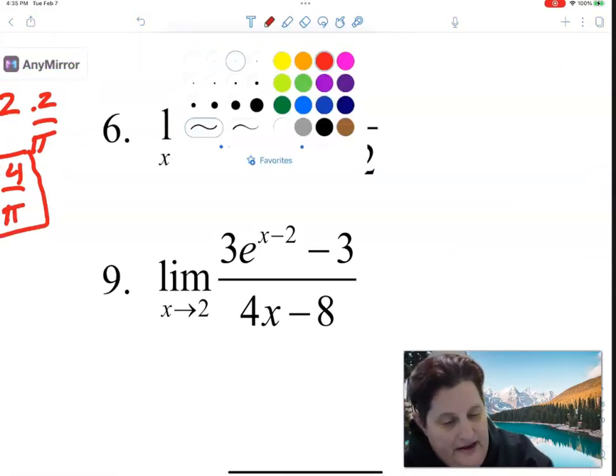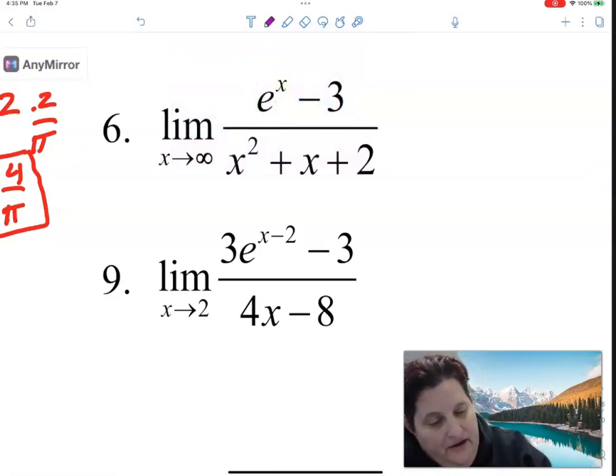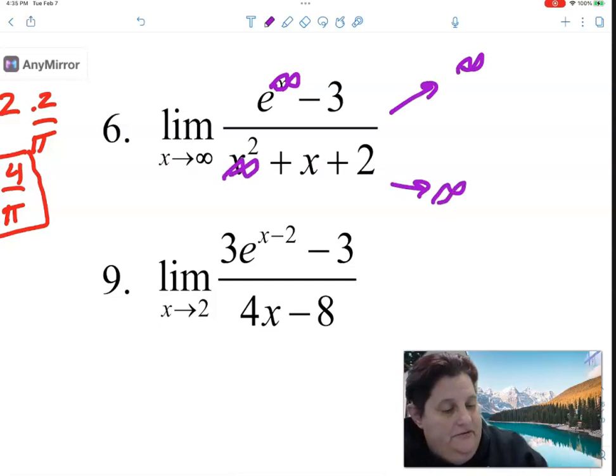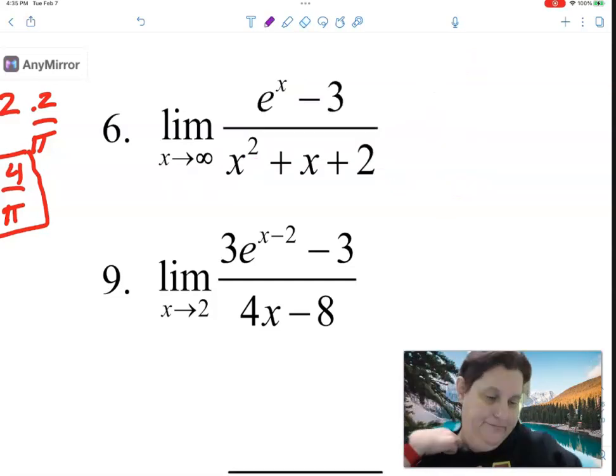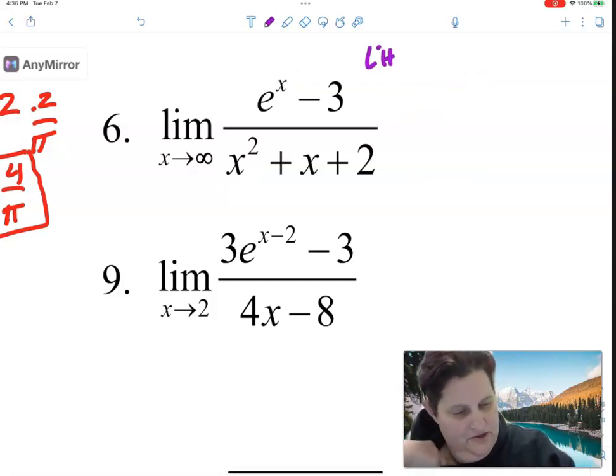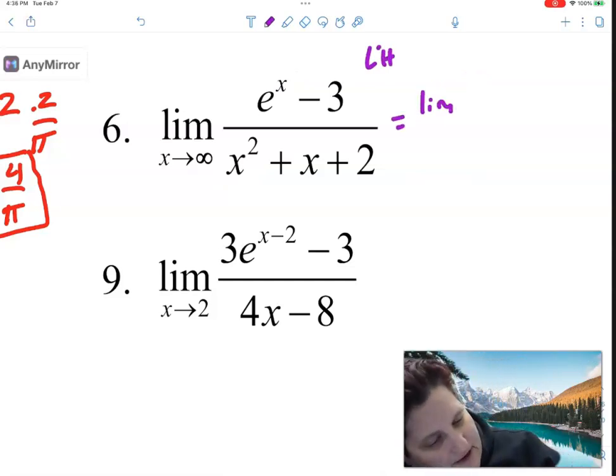Okay, for number 6, e to the infinity is still going to go to infinity, and infinity squared is going to go to infinity, so I do have infinity over infinity. So I'm going to do L'Hopital's rule. This is the same as the limit as x approaches infinity of, the derivative of the top is just e to the x.